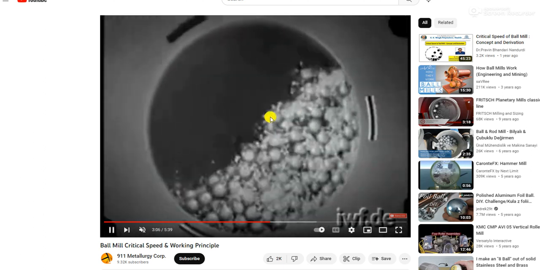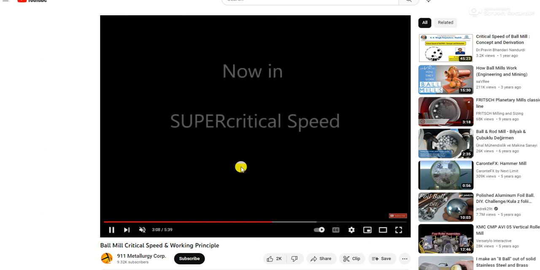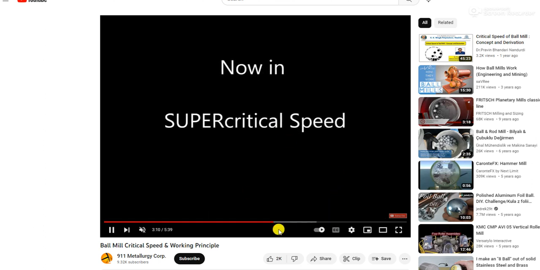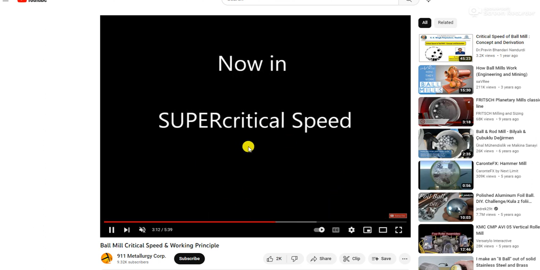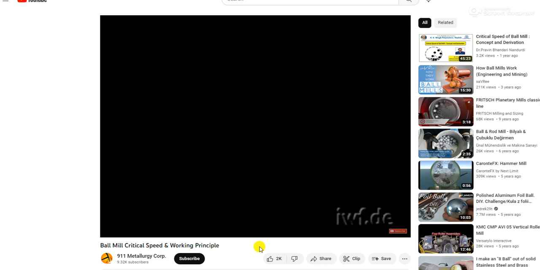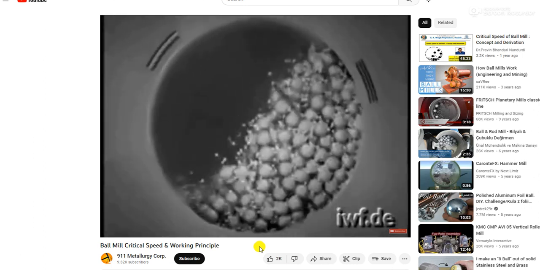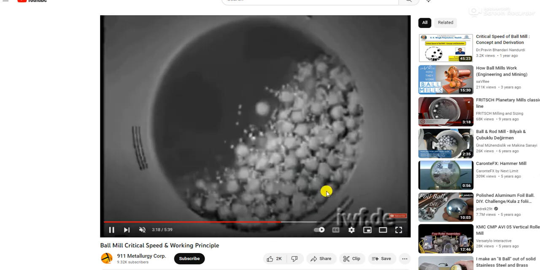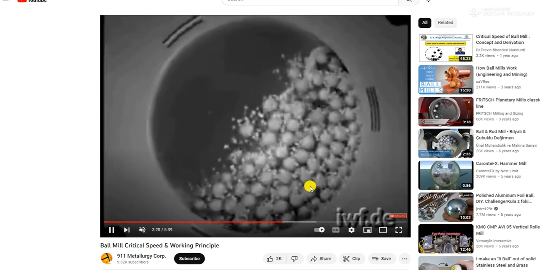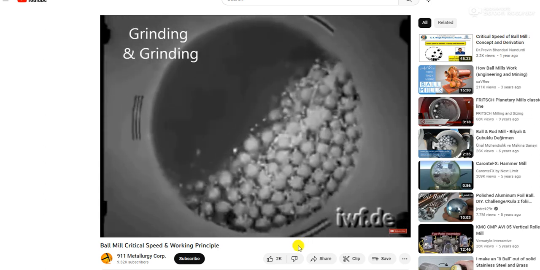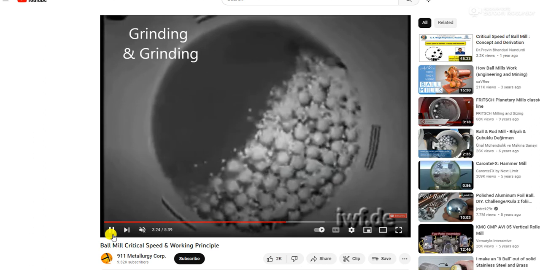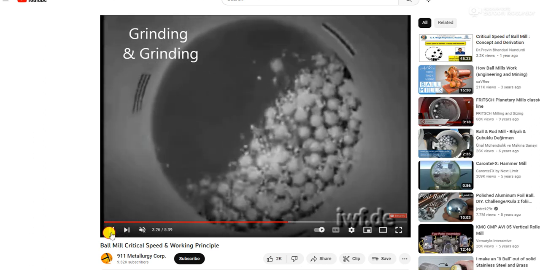Again, when the speed is increased, the grinding action's efficiency will also increase. Now at the supercritical speed, you can see how fast these balls are colliding with the reactants and how this grinding is occurring. So this is the ball milling technique.